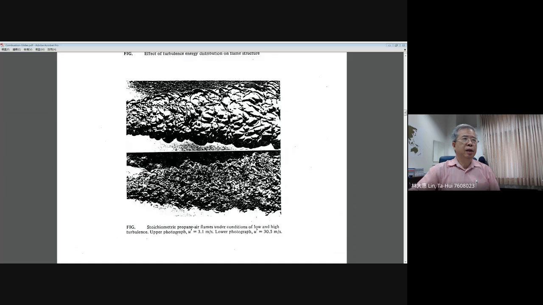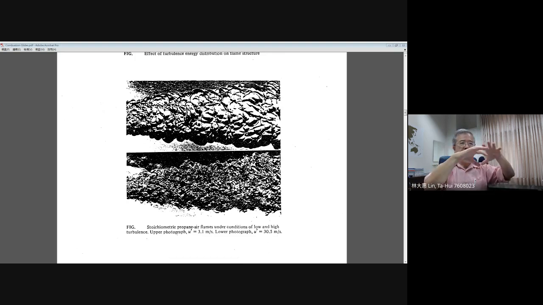The upper figures represent the turbulent burning flames with shadowgraph observations, and you can see u prime is equal to 3.1 meters per second, a lower turbulent intensity. Then you can see that there is some wrinkling, right?